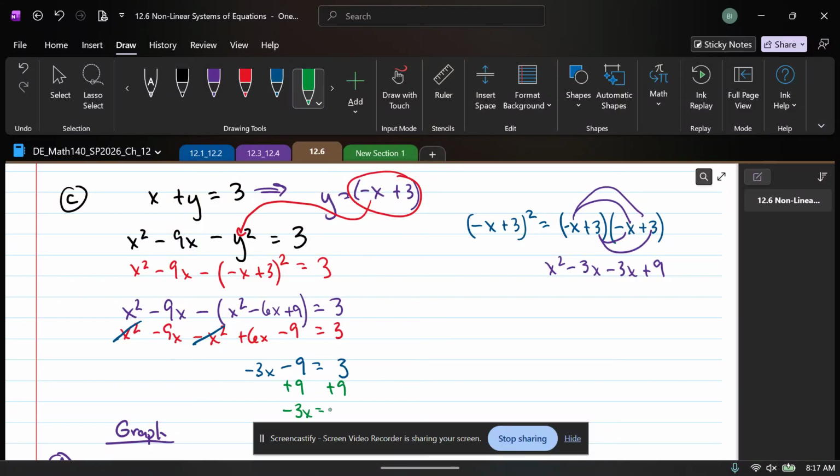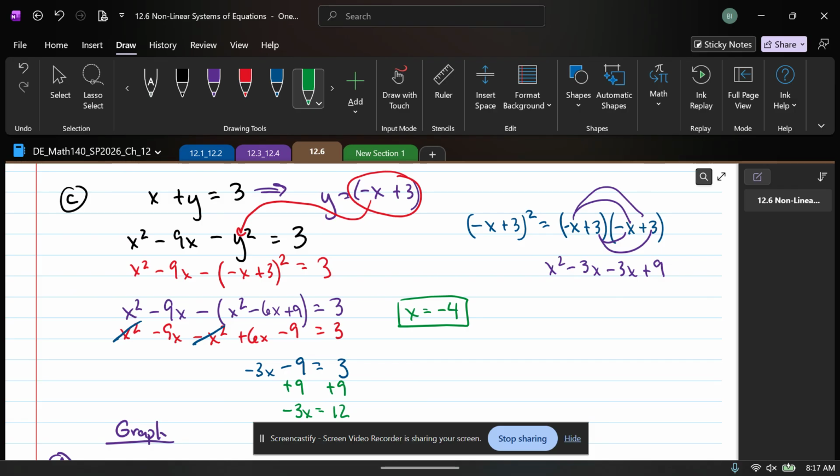Negative 3x is equal to 12. So x is equal to negative 4. Which one of those equations would you want to plug into to find the y value? Yeah, that's way easier, right? Bottom one, you got squareds and plain x's and squared y's. I definitely would rather do the top there.